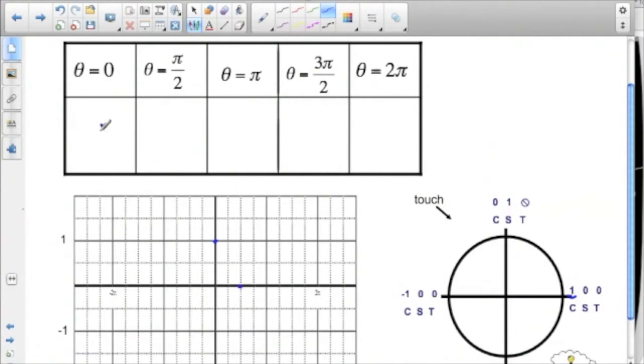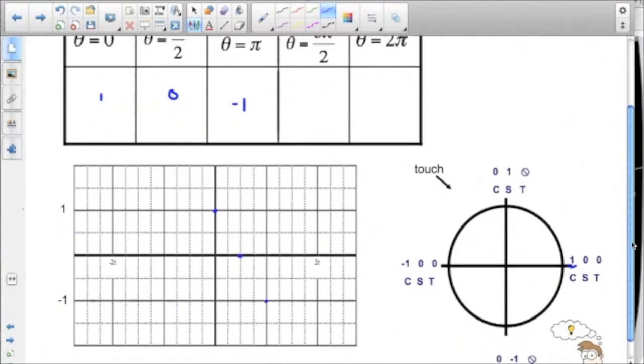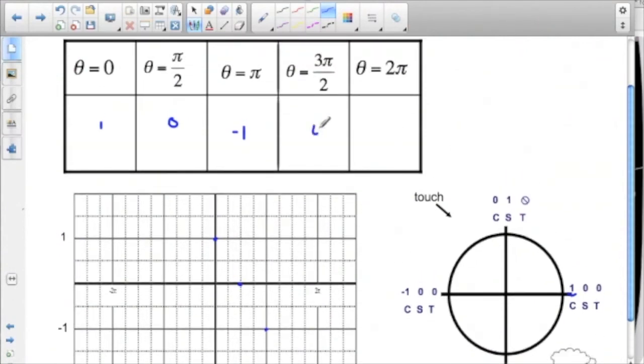So we get 1, we get 0, pi is negative 1. And then 3 pi over 2 down the bottom here, you can't quite see, is 0. And 2 pi is back to 1. So you can see it takes a shape sort of like that. Okay?